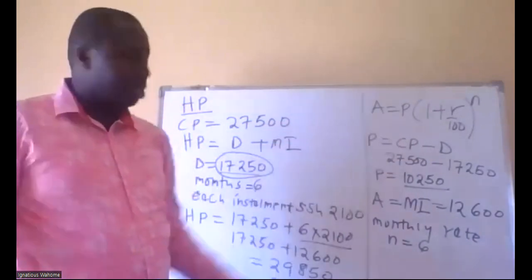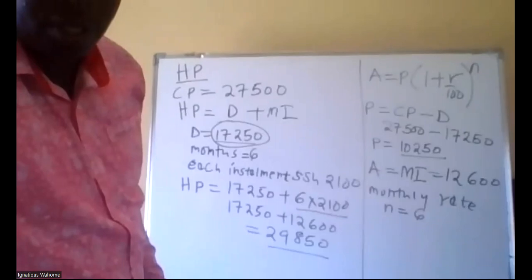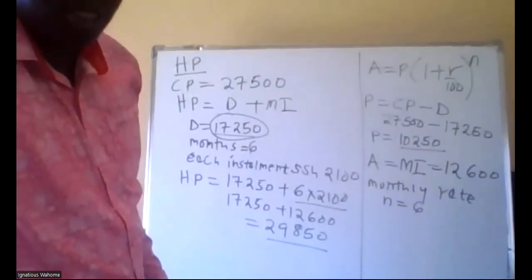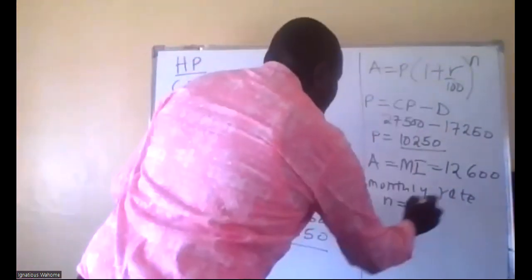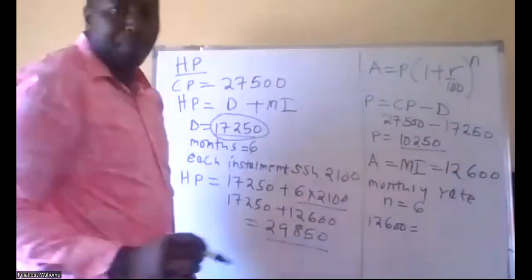Substitute all these values there. You say amount, which is 12,600, is equal to the principal.